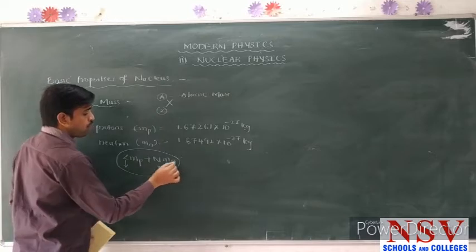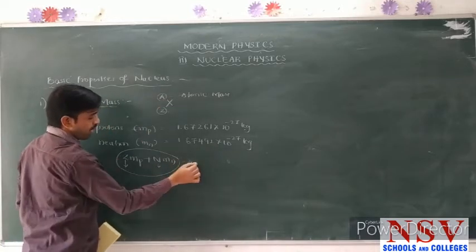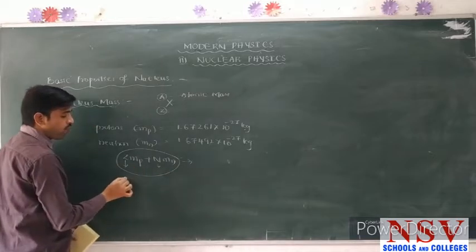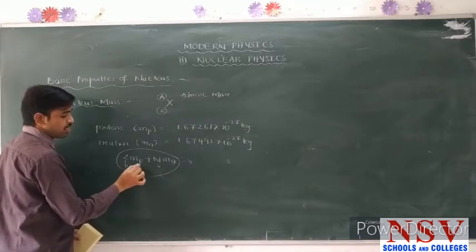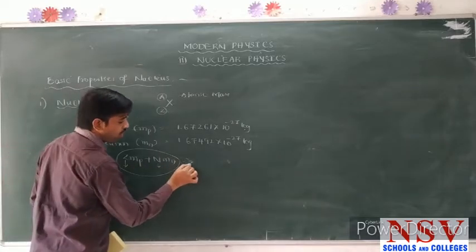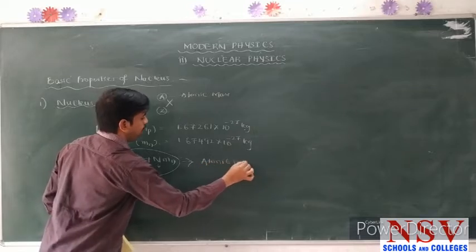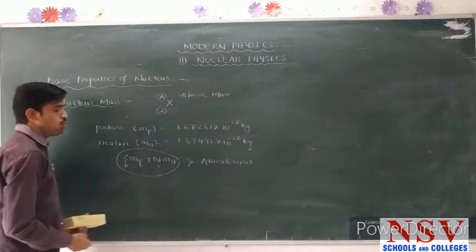One thing: this value is always greater than the actual mass of the nucleus, because the sum of the constituent particles, protons and neutrons, is always greater than the mass of the nucleus.